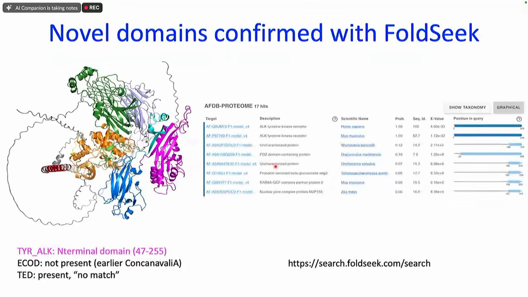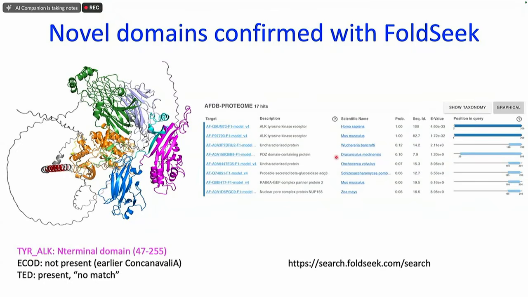Okay. We found 17 different domains in 50 or 60 kinases that are novel, that don't have names, that have never been given a name, and that have folds that are not related to anything in the PDB that we know of. There is a website called FoldSeek where you can give it some coordinates and search all 200 million AlphaFold models that are in the AlphaFold database and see, is there anything similar to that structure?